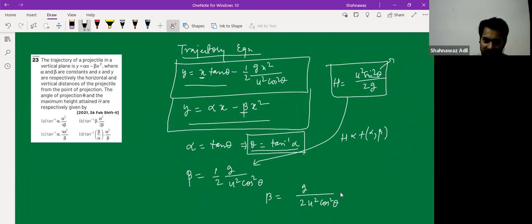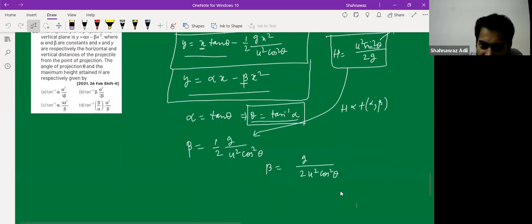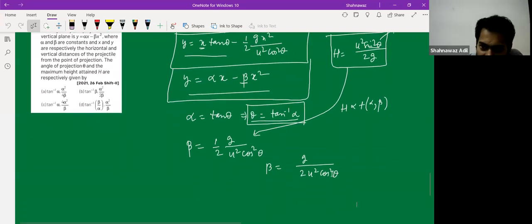We want to make this function. So this is cos square theta in the denominator. And what should we multiply here to make it a tan theta? Sine square theta. Yes, sine square theta. So multiply sine square theta and divide by sine square theta.